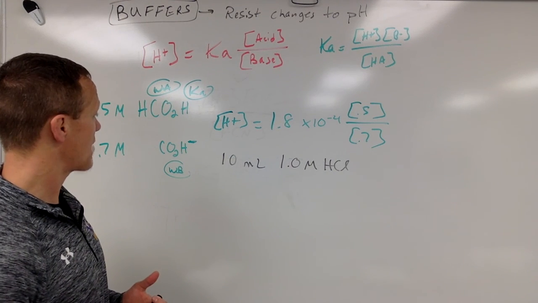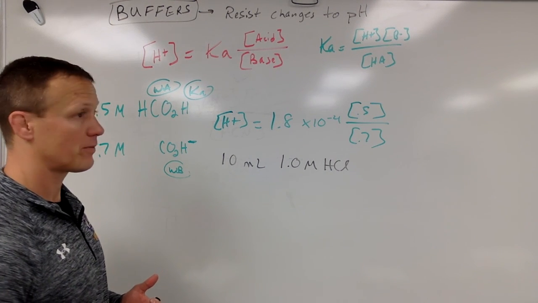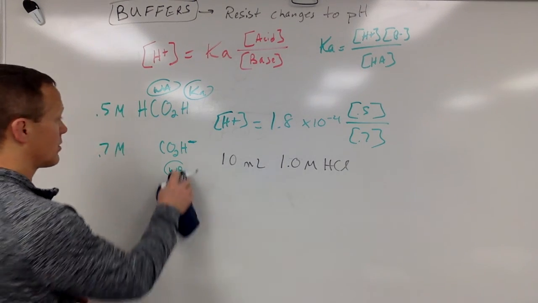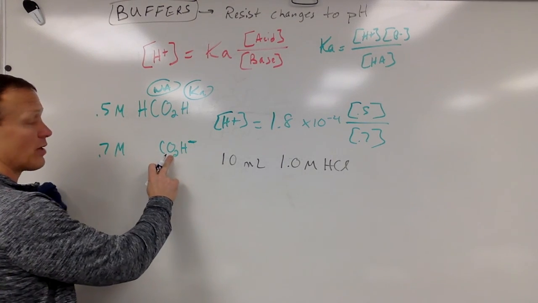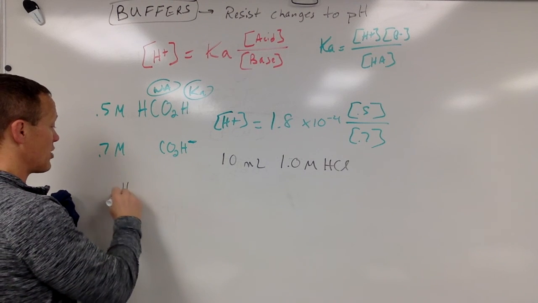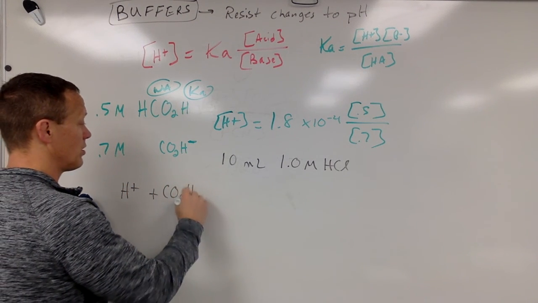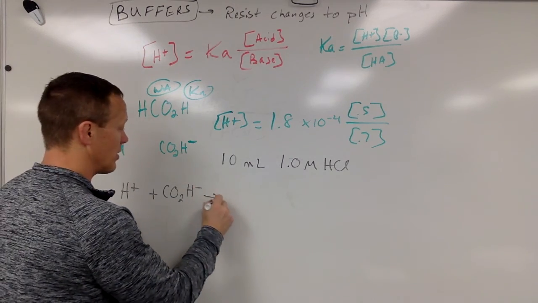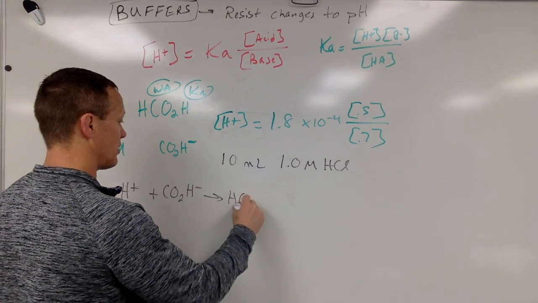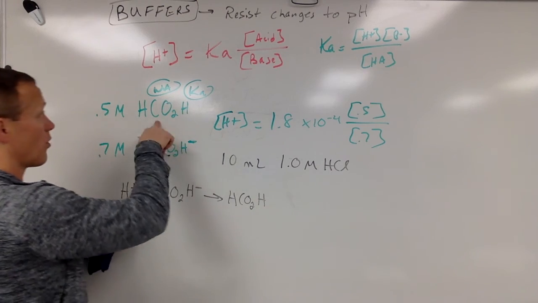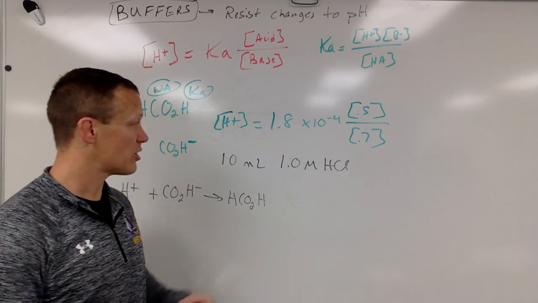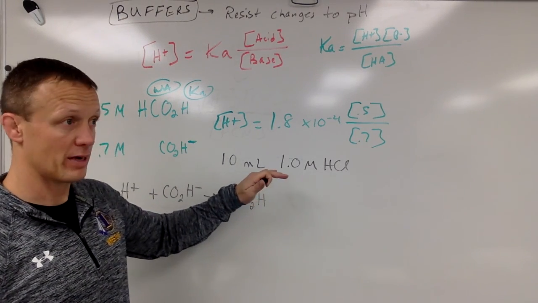So if you think about what's going to happen, when we add H plus ions, it's going to react with the weak base. So as we add H plus ions from HCl, it's going to react with the CO2H negative and form HCO2H. It's going to form more of our weak acid. So adding H plus should make the pH drop a little bit.